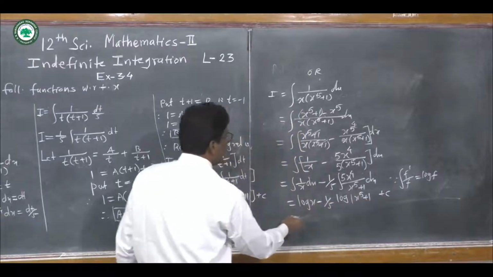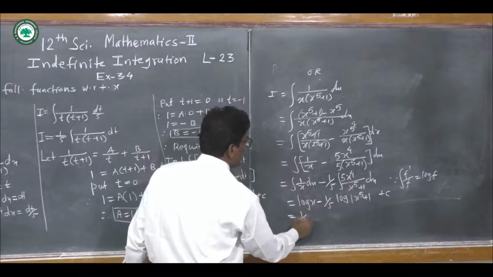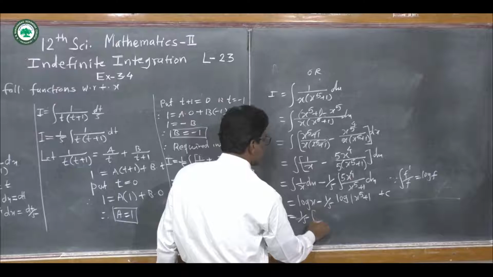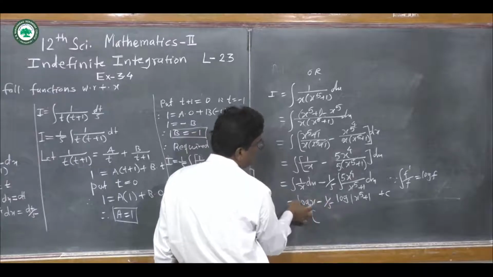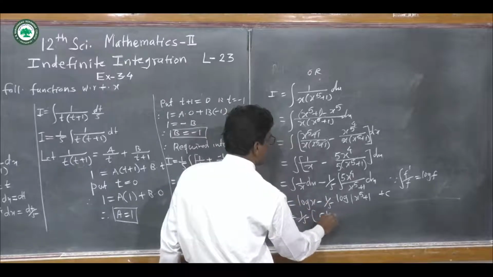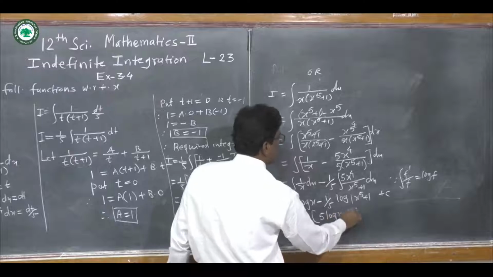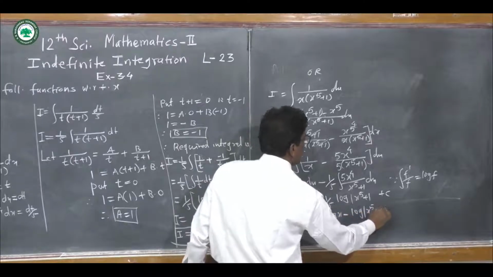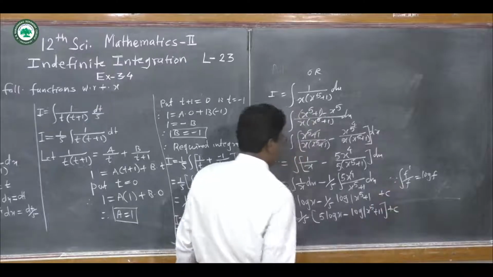Here take 1 upon 5 common. So we take 1 upon 5 and we get here 5 log x. 1 upon 5 is common. So here it is 5 log x minus log of x to the power 5 plus 1 and plus constant of integration.